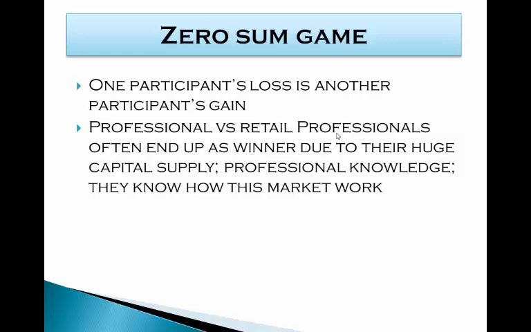Because of their deep pockets, they can buy equipment, subscribe to information, and they have high intelligence that gives them access to certain information that we retail investors do not have.